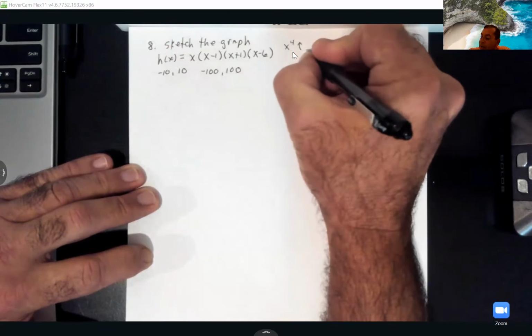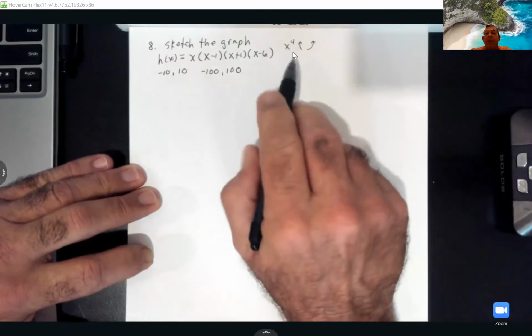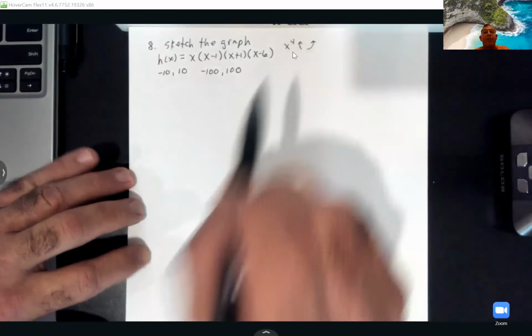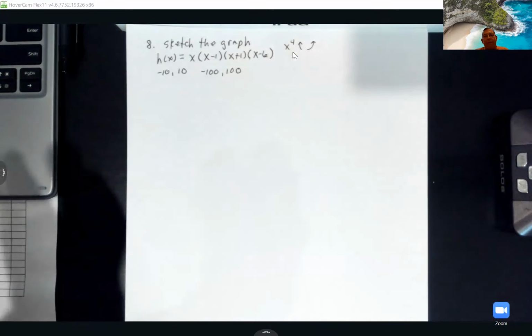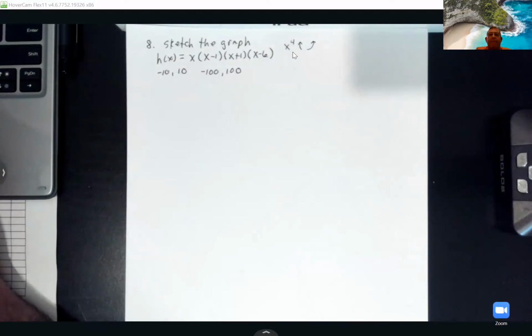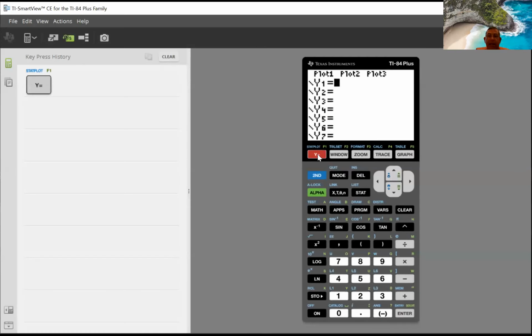So y'all, in the long run, both ends of our graph should be heading upward. So let's go graph this and see what we get. I'm going to go to our calculator. I'm going to go to y equals, and I'm going to punch that in, x times parentheses, x minus 1.